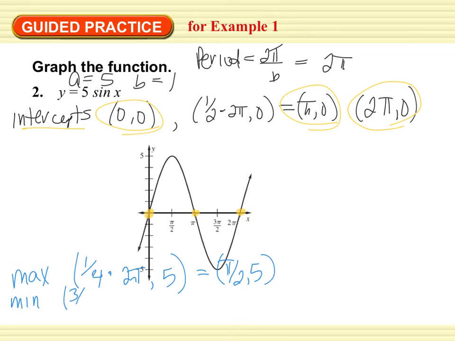It's going to be 3/4 of the way in a negative amplitude. So that is 3π/2, -5. So we have our max and our min, and if we plot them, we've got π/2, 5, and 3π/2, -5.